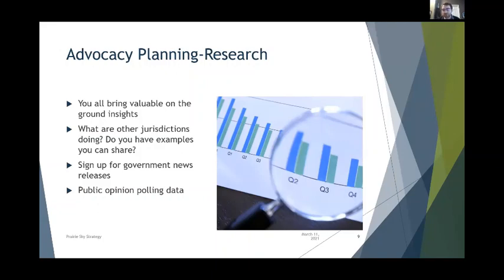On the research end, I think that goes a long way and shows that you're prepared and bring value. To wrap up with the top bullet, don't discount any of the experience and knowledge you bring from being a boots-on-the-ground stakeholder to government.